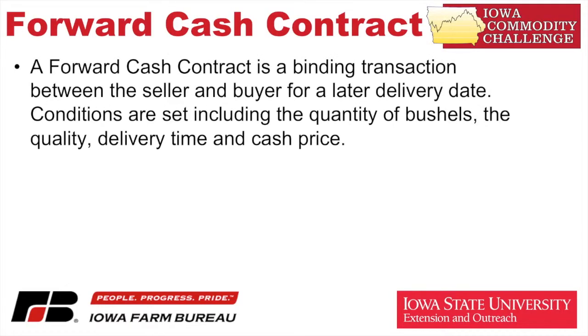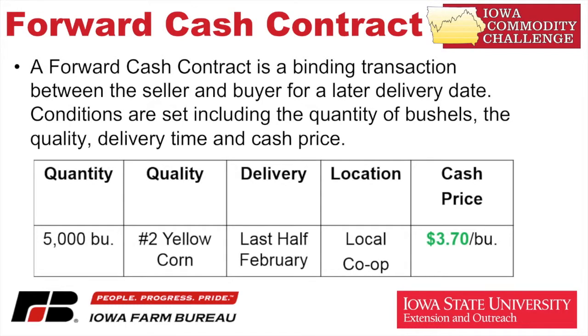Again, it's a binding transaction between the seller and the buyer for a delivery date, and that delivery date in our example was last half February. The conditions are set, including the quantity of bushels, the quality of the bushels, number 2 yellow corn, the delivery time last half February, as well as the cash price, $3.70 in our example.